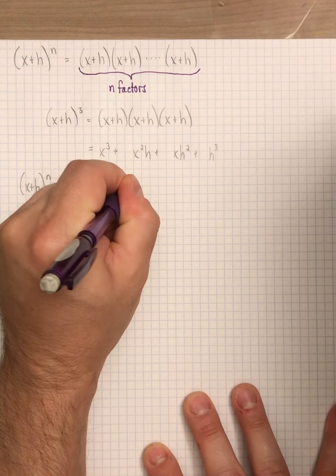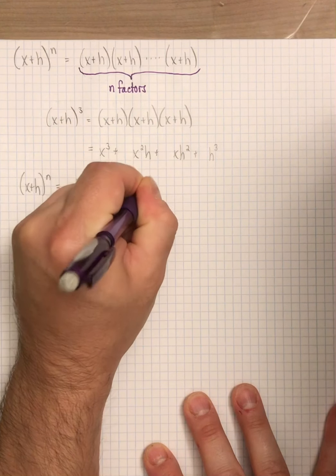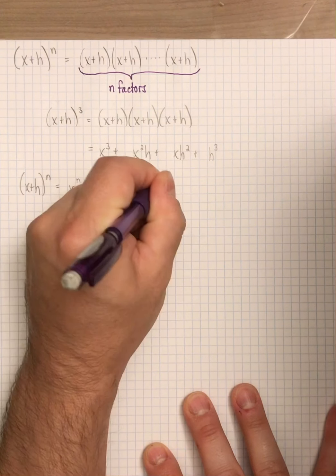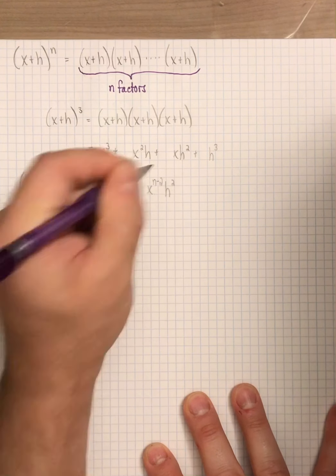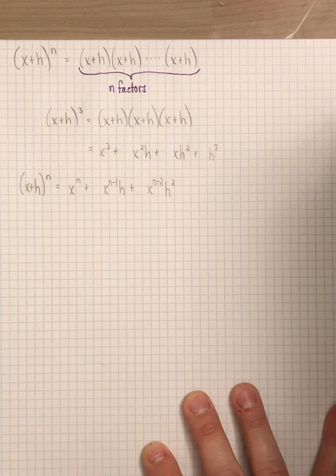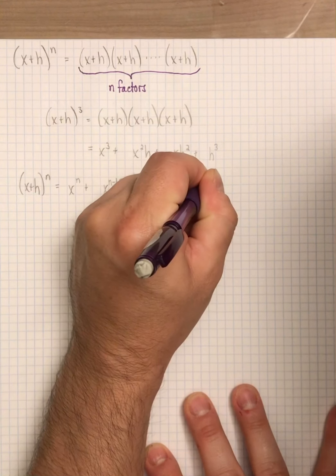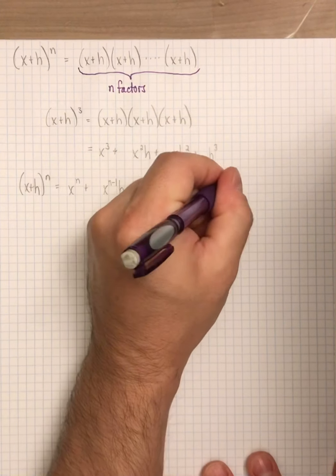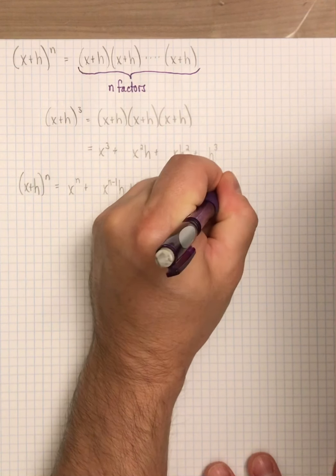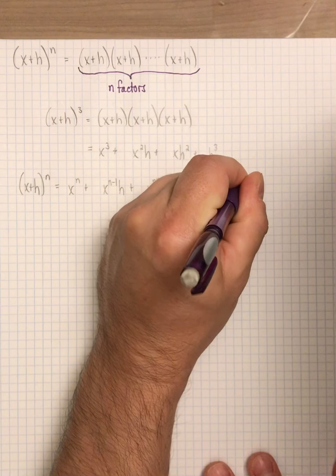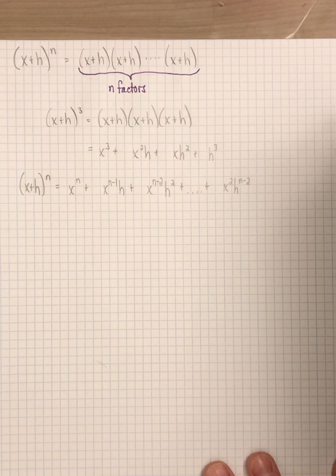Or perhaps I can choose all but two of them as x, because the other two are h's, and so on down the line, until eventually I get to a point where I am choosing only two of them to be x, which means all the other factors have to be h.